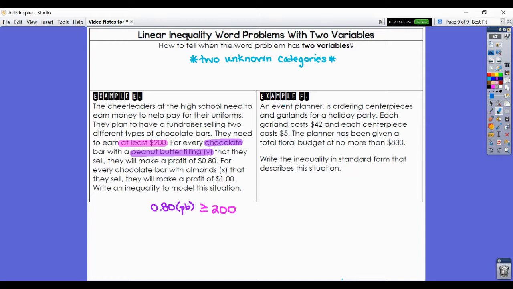Now, for every chocolate bar with almonds, that's talking about yet another chocolate we're selling, but now with almonds. So that's different than peanut butter. So that's the two unknown categories we were talking about. Those sell at a different price and make a different profit of $8 each almond bar.